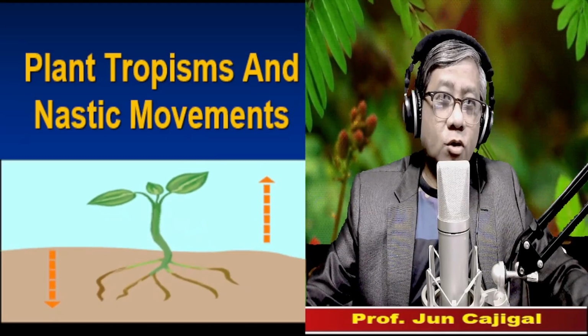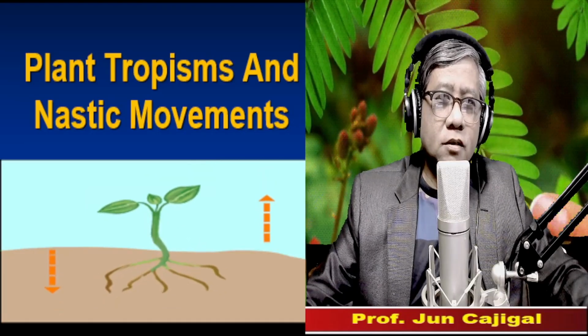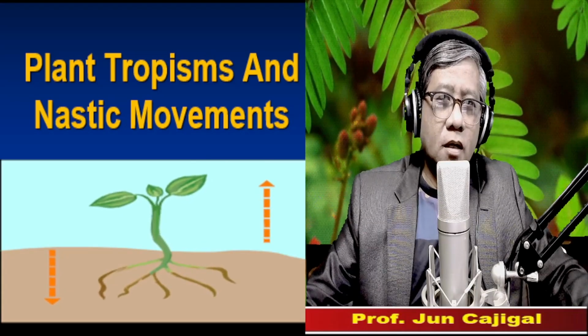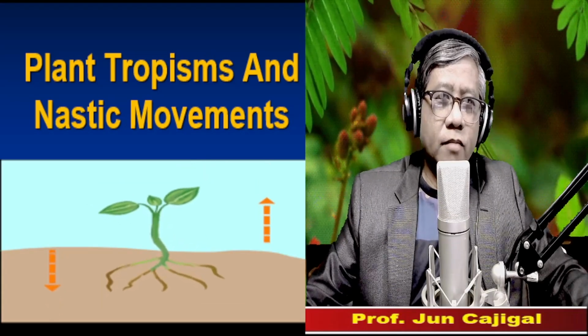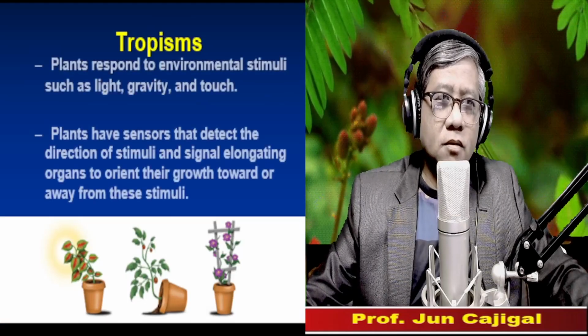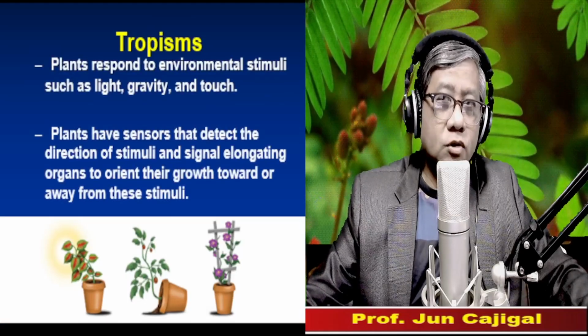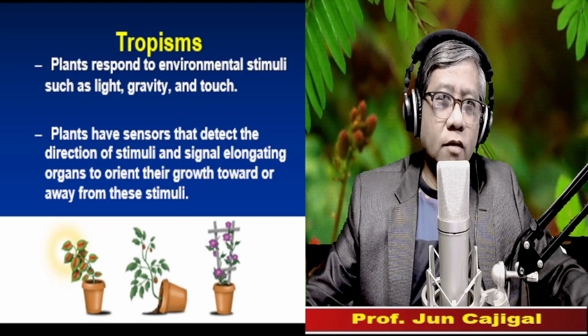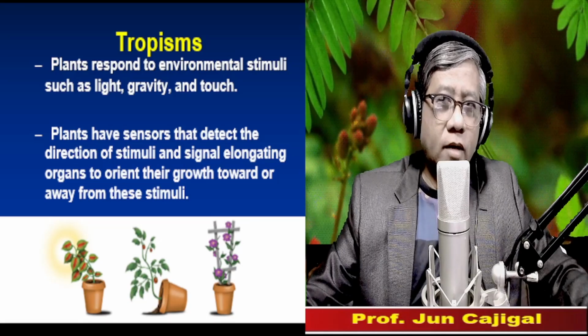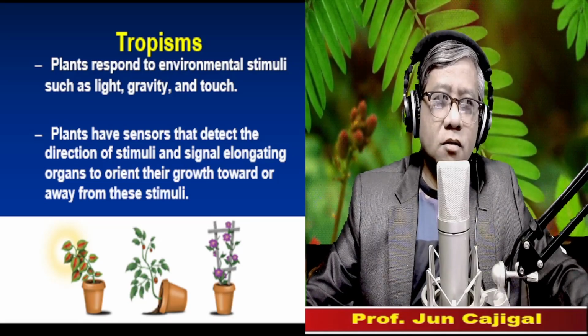So for this online lecture, we will be studying plant movement, or plant tropism, and nastic plant movements. Now we know that just like animals, plants can also respond to environmental stimuli such as light, gravity, and touch.